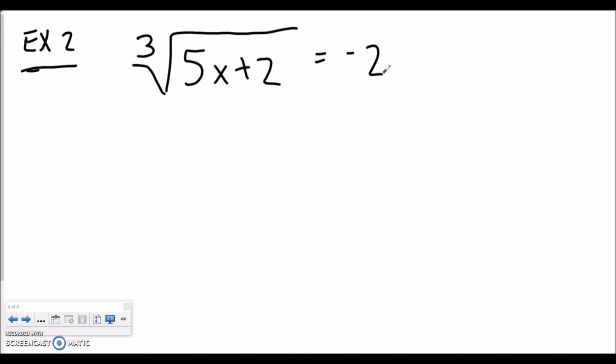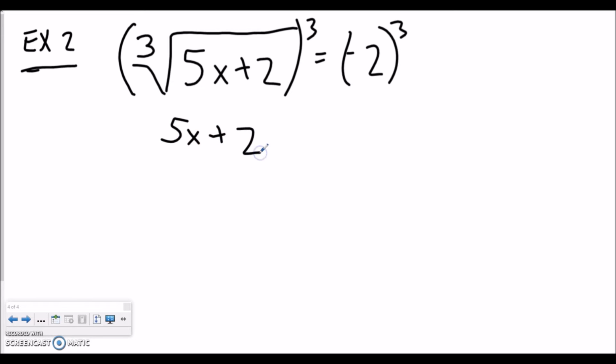Since this is a cubed root problem, we probably want to cube both sides. And let's do that. I'll cube the left side, and I'll cube the right side. On the left, 5x plus 2. On the right, negative 8.